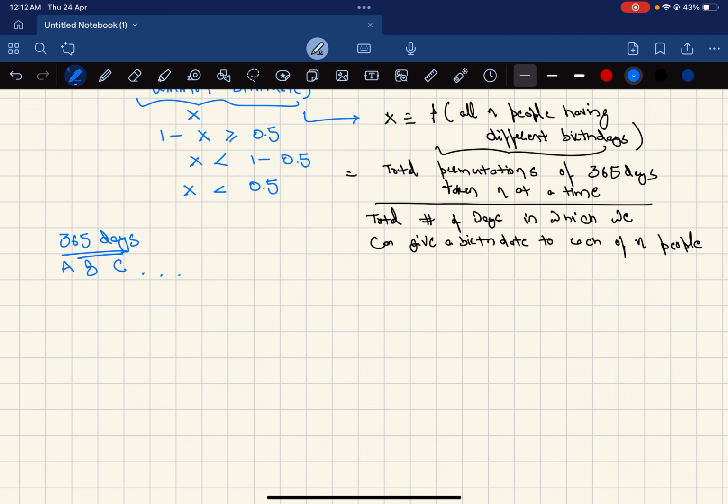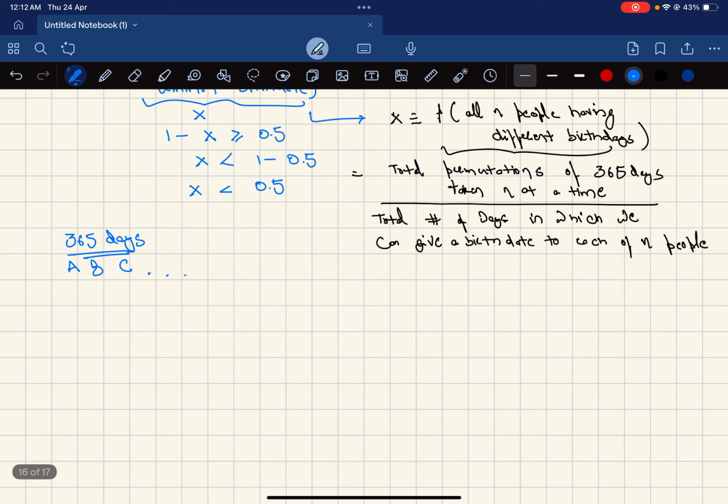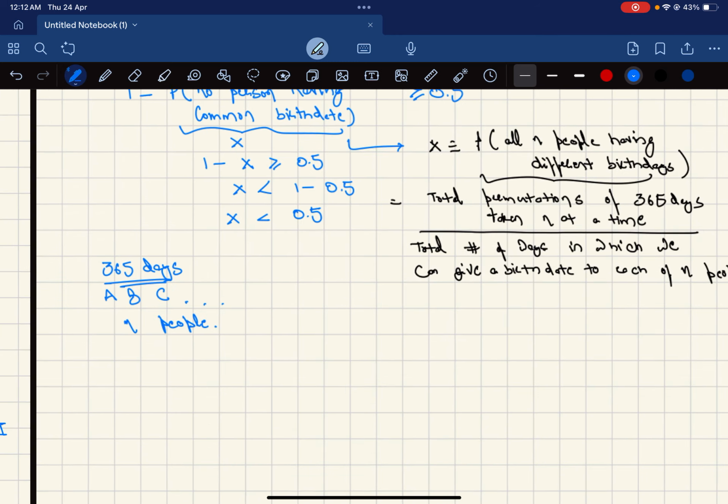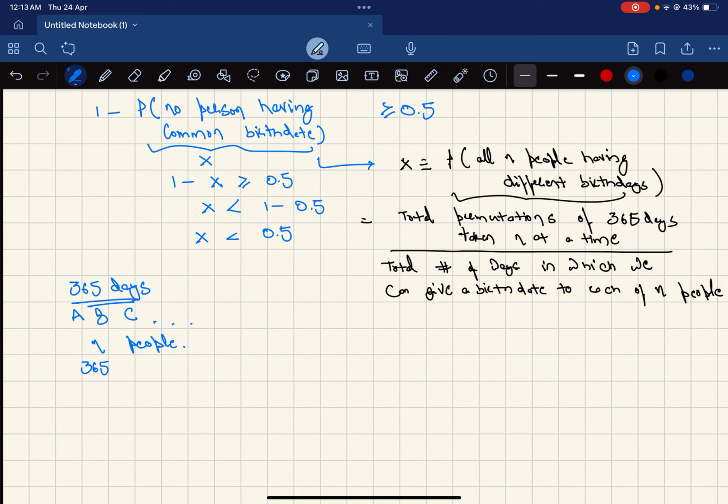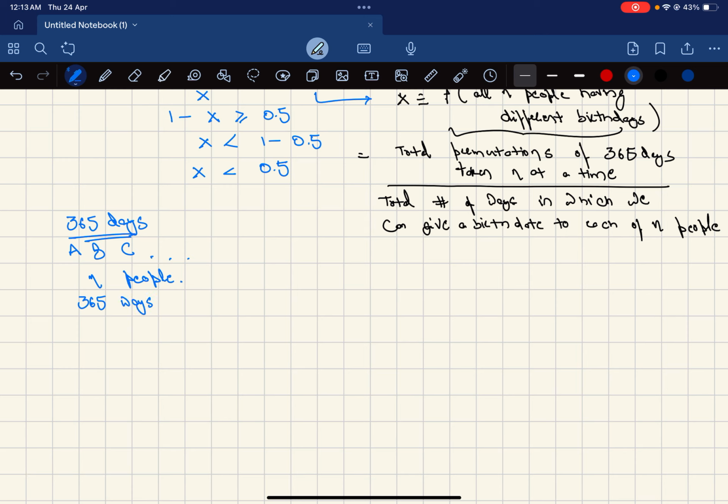Now let us say we have n people, and since we want a different birthday for each of these n people, for the first person we have 365 days to select a birth date. So we can allot any of the 365 birth dates to the first person.